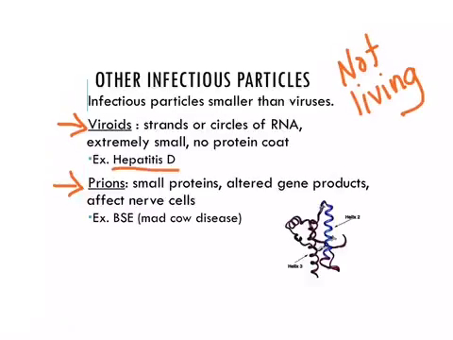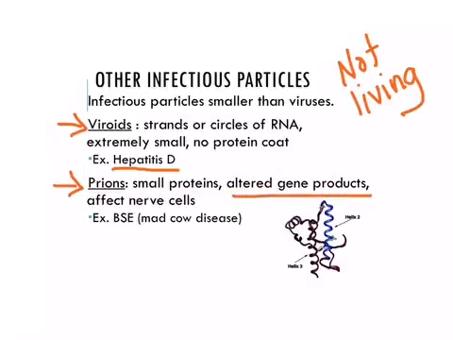Prions are really weird. They are just a small piece of protein, and these are not proteins that are not already manufactured in a lot of cells. So these are just a little bit different enough to be prions, but these are proteins that have been seen in other cells. They're altered gene products, though.